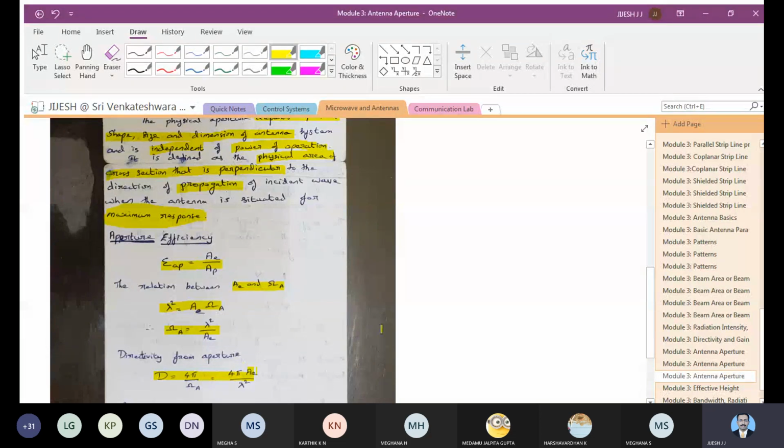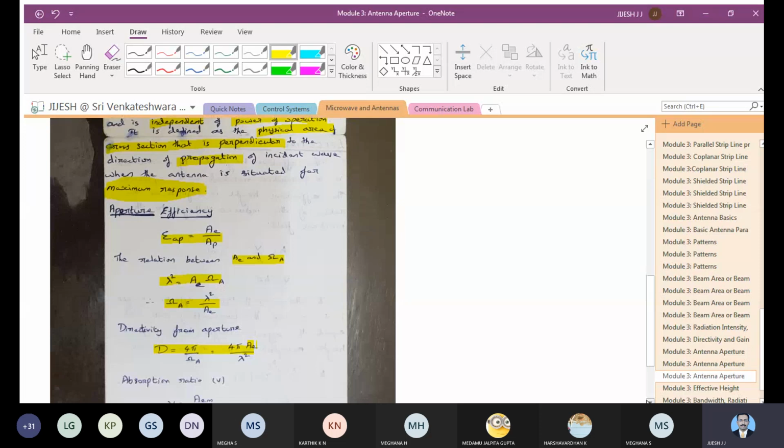Directivity is 4 pi by omega A, so it is 4 pi AE by lambda square. You need to remember that omega A is equal to lambda square by AE, and D is equal to 4 pi AE divided by lambda square.